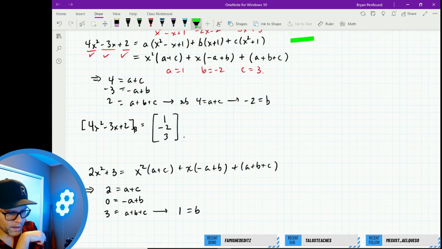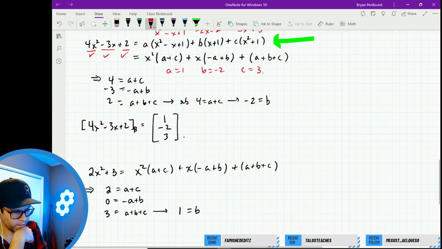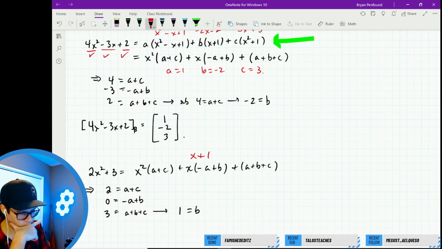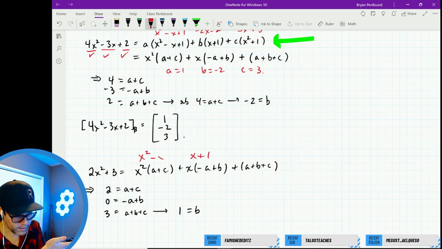And I'm just coming back up to take a look at this. So if b is 1, that's going to give us an x plus 1. We need to balance our x's. We have 0 x's. So that means that if we look at a, we would need a to take that away. So a must be 1. That would give us an x squared minus x plus 1.